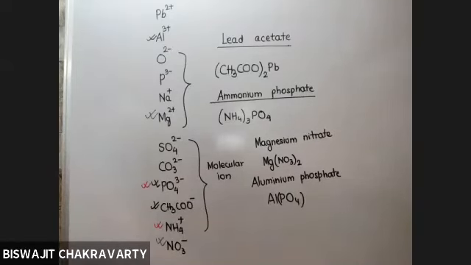Nowadays, we don't talk about valency anymore. Valency is an older term, and it has been substituted by oxidation number, which you will get in redox. Clear up to this much? Yes, sir.